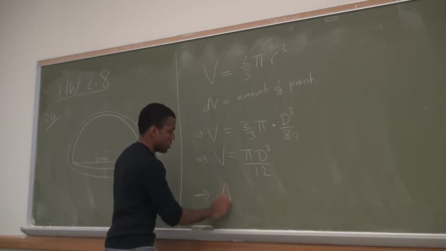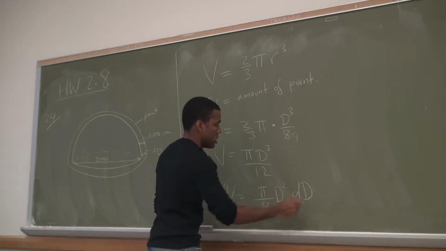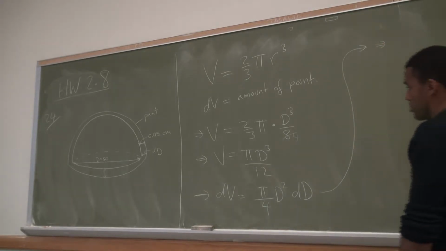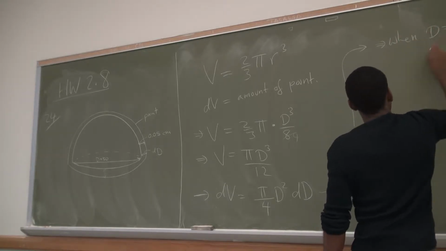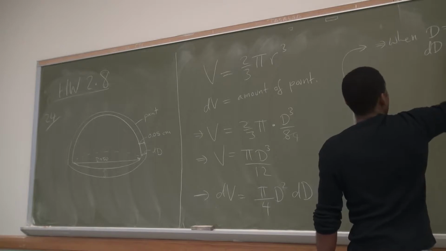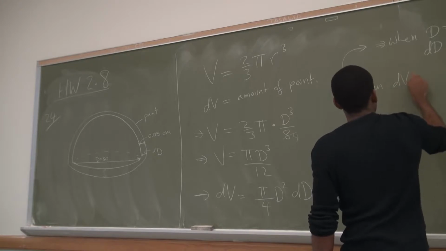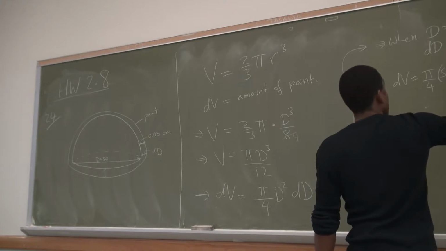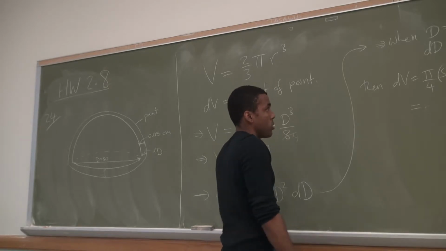This means that the differential is pi d squared over 4 dd. So this means when d equals 50 and dd equals 0.05, then that's going to be what?